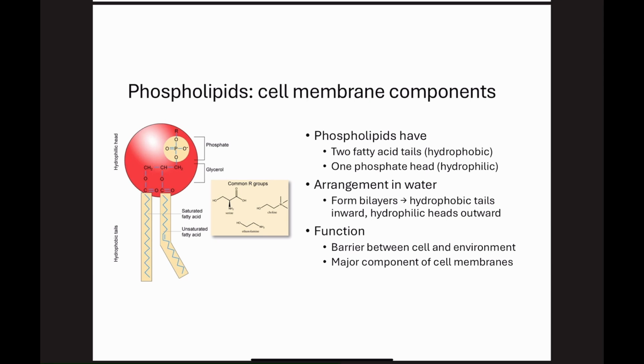So our phospholipids, they have a structure of two fatty acid tails, which is what we see here. And these fatty acid tails, they are going to be attached to our glycerol. And our glycerol, it has a third position, which is what we see here. And this third position is going to be occupied by a phosphate group.